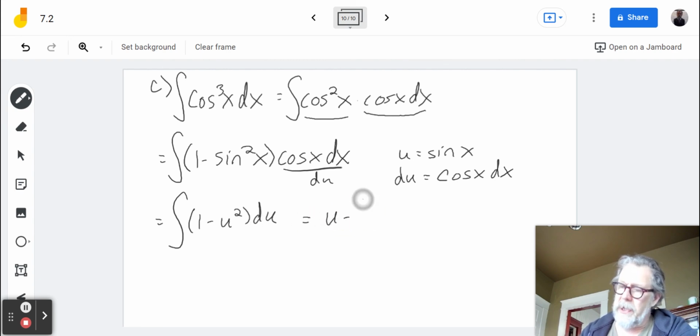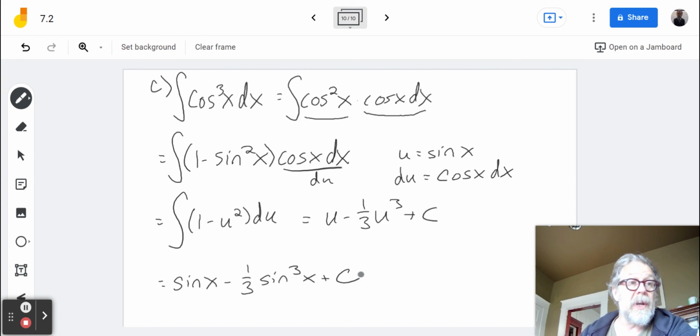It's super easy. It's u minus 1/3 u cubed plus a constant. And then plugging the sines back in, I get that it is equal to sine x minus 1/3 sine cubed x plus a constant. And boom, the integral of cosine cubed x is sine x minus 1/3 sine cubed x plus a constant.